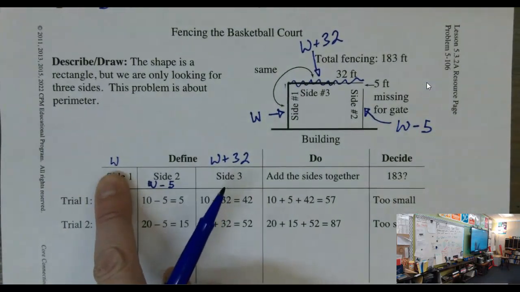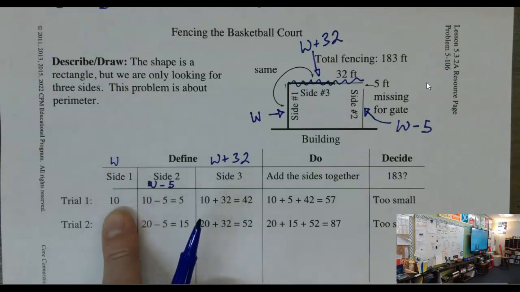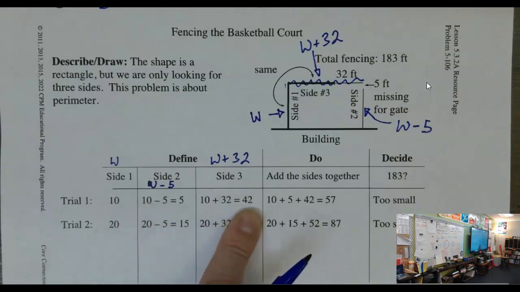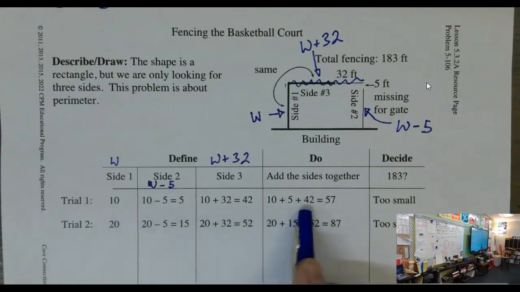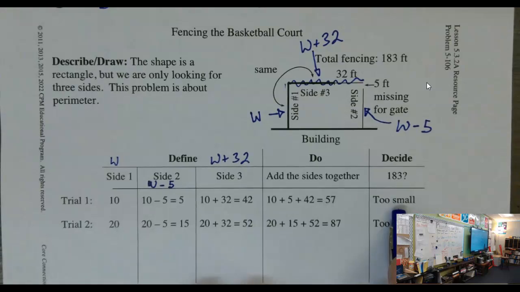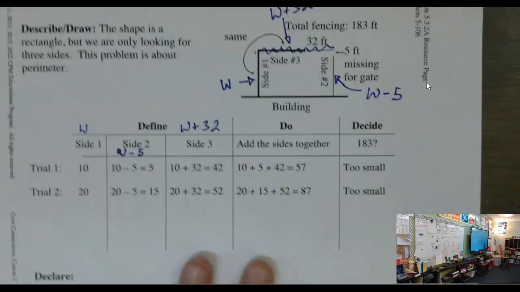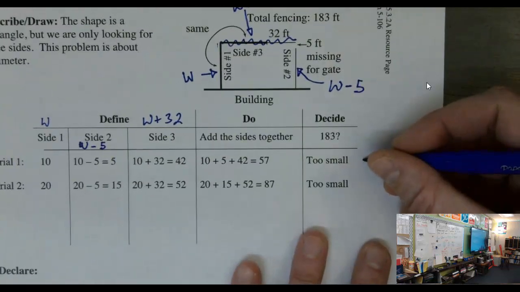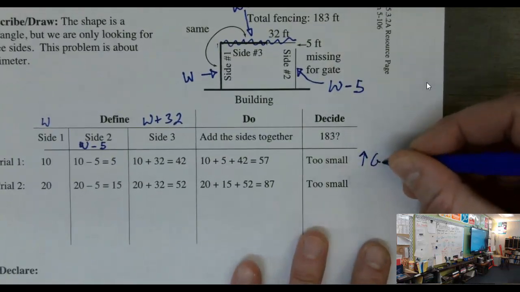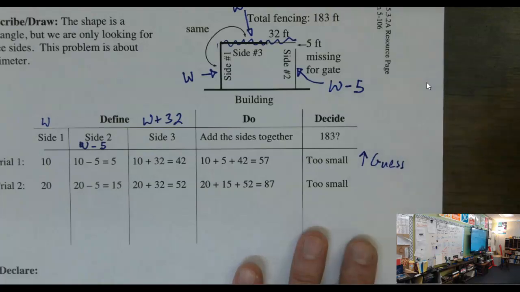It's what we just started trying. We tried 10. And we got edges of 10, 5, and 42. Was 10 big enough? No, we did this together. Too small. So what did we do to our guess? We upped our guess. So we raise our guess.